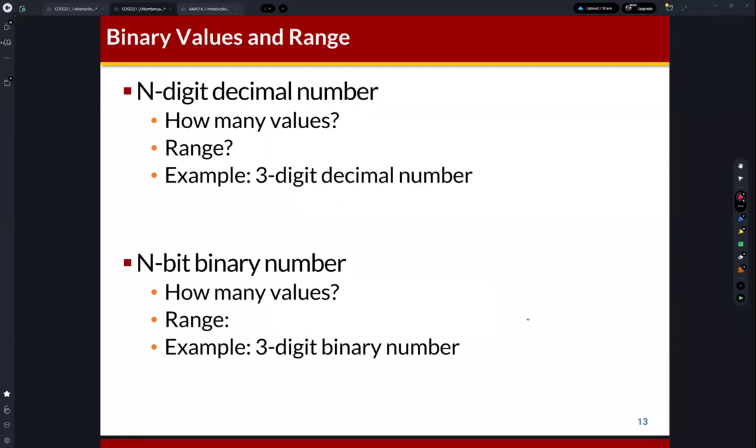So then let's think about the range of a number. Why do we need to consider the range of a number?